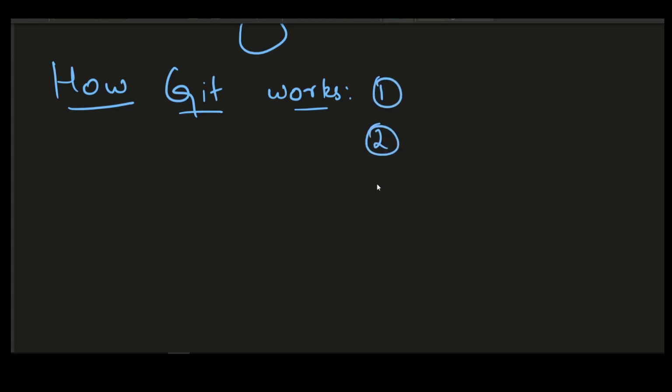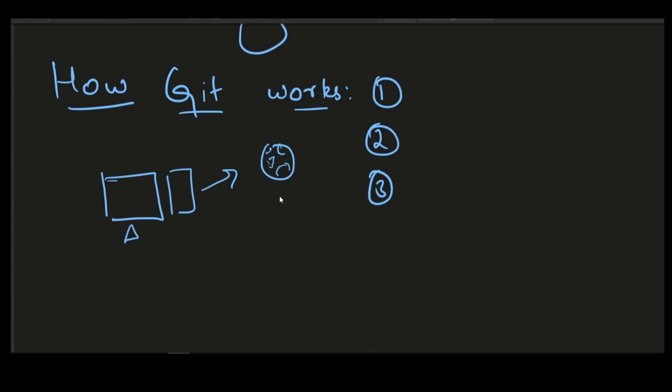Now Git works in three stages. How many stages? Three different stages, right? It has three different stages in which it sends your files from your local machine to the internet.